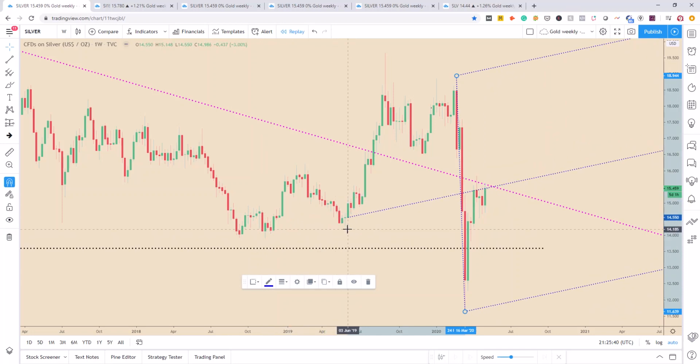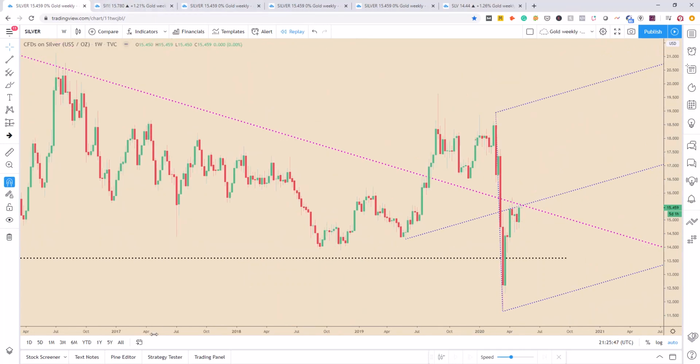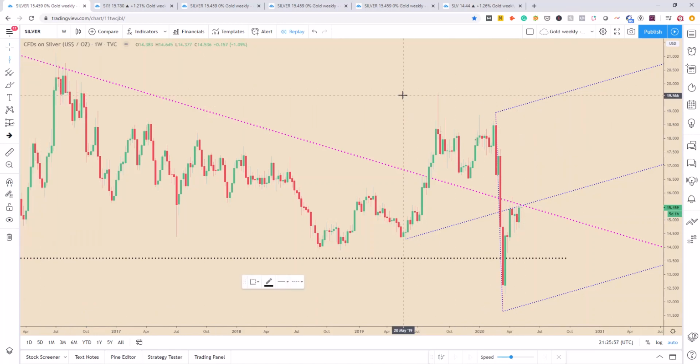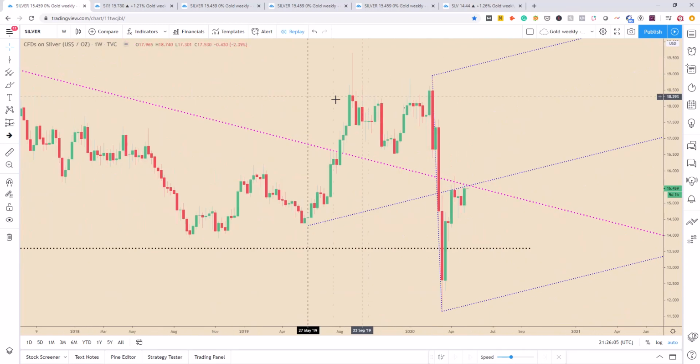If I was going for consistency, and you'll see this if you look at multiple videos that I publish, I believe the current bull market action started around May of 19, and so I'm choosing between these two lows as starting points for my Andrews Pitchfork.